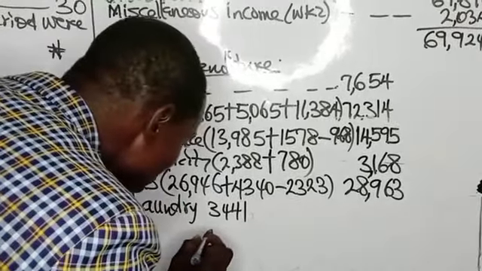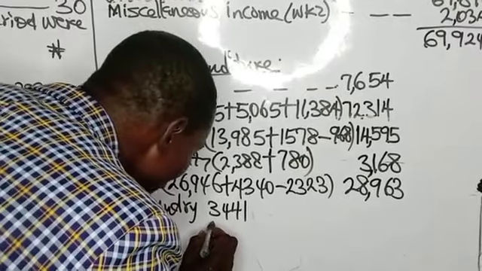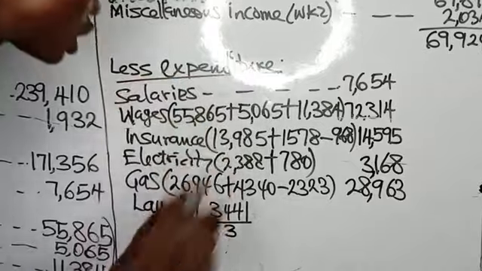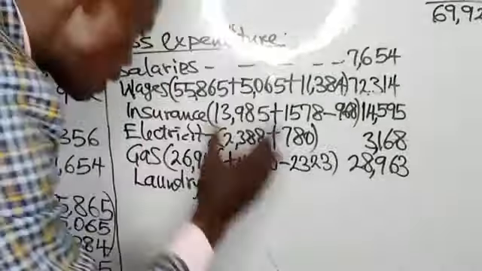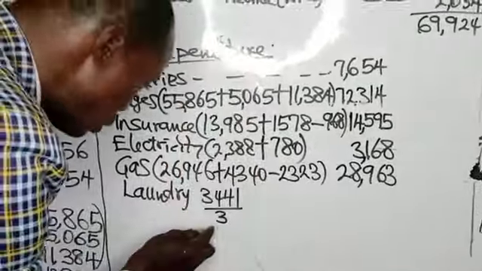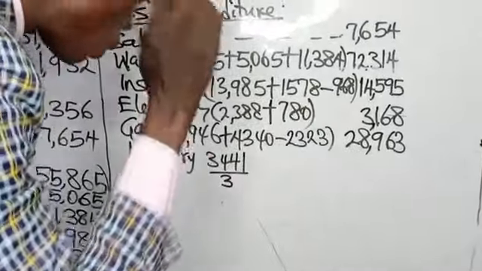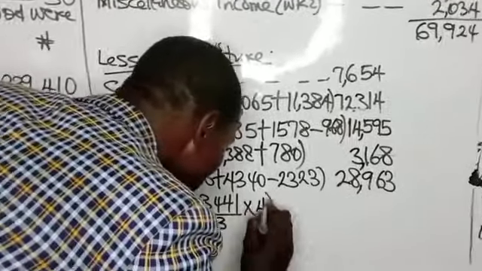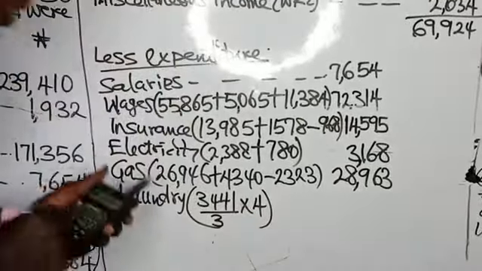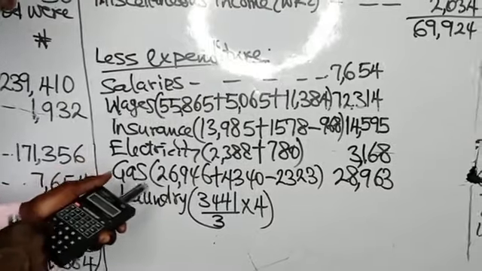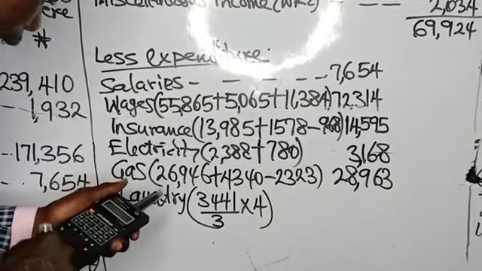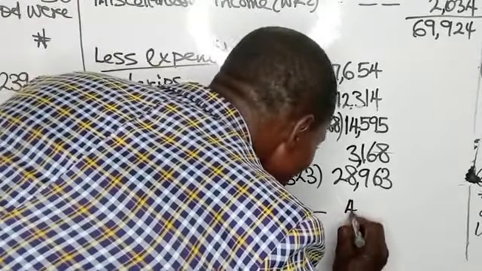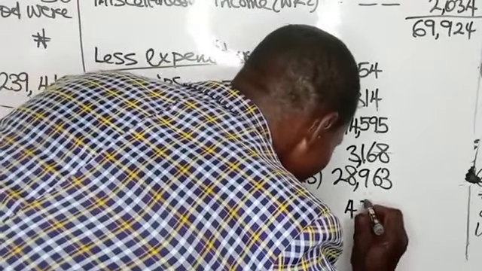Since this is for 3 quarters, you divide it by 3 in order to get the amount due per quarter. For 1 quarter, you divide by 3, and for the 4 quarters of the year, you multiply by 4. So that will give us 3,441 divided by 3 times 4. That gives us 4,588.